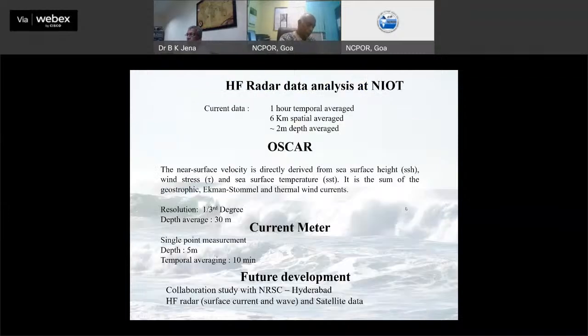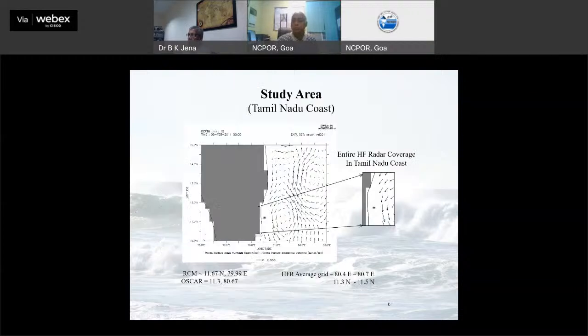We have also done some data analysis using satellite images, extracting the OSCAR data, the current speed and direction, and compared it with single point current measurements and the HF product data. These are some of the figures I have put here.